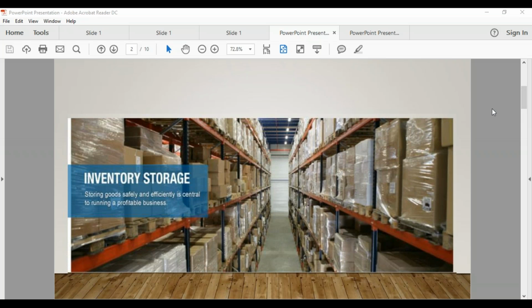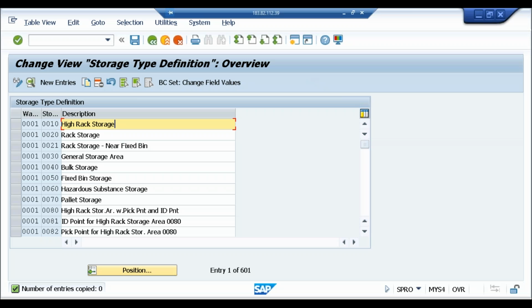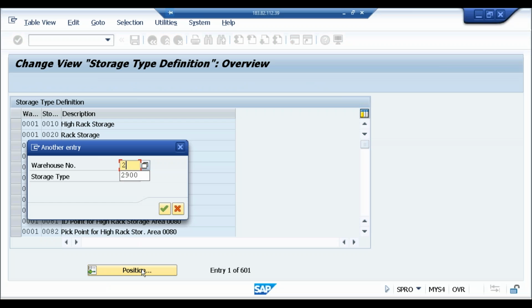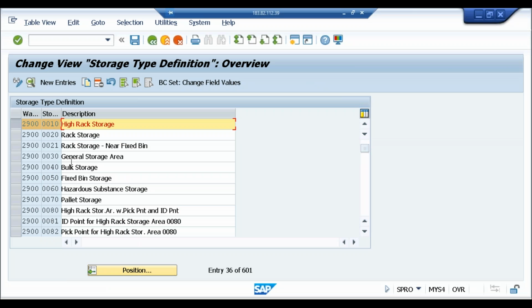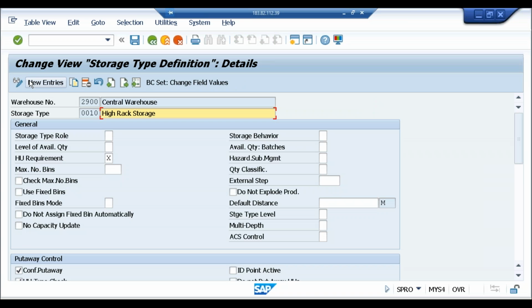So before creating the storage types, we need to understand the structure. That's why I'm clearly explaining each and every point at the storage type level. When we see here, a storage type will have a lot of configuration.